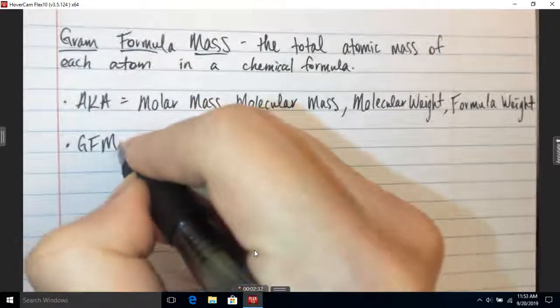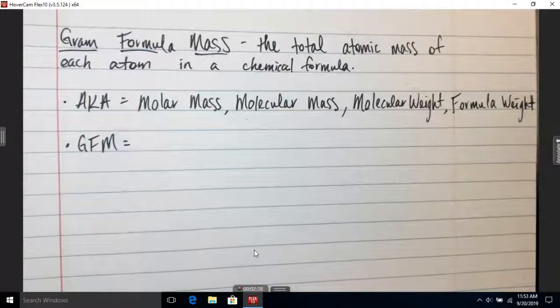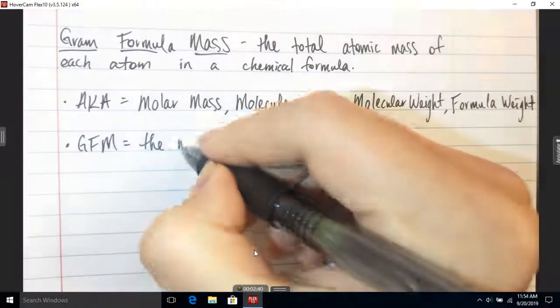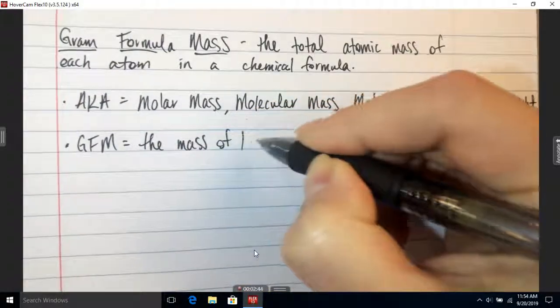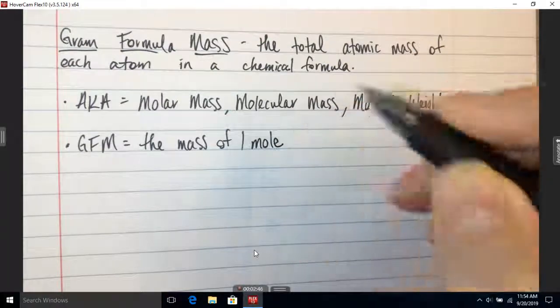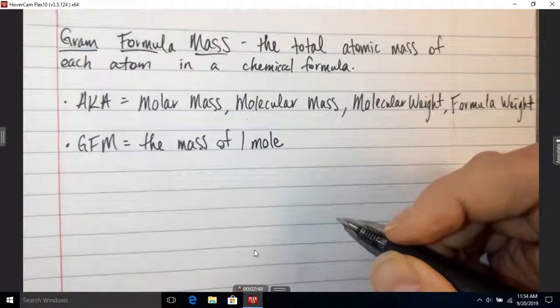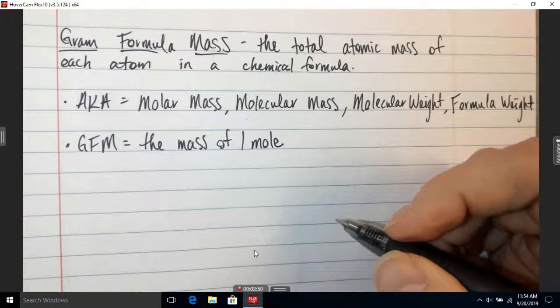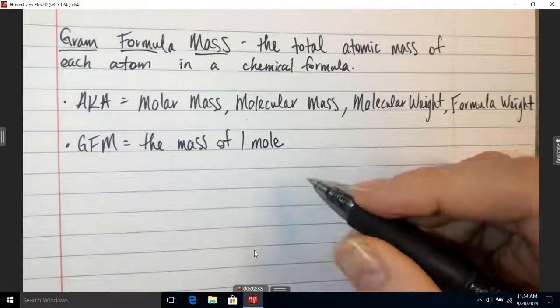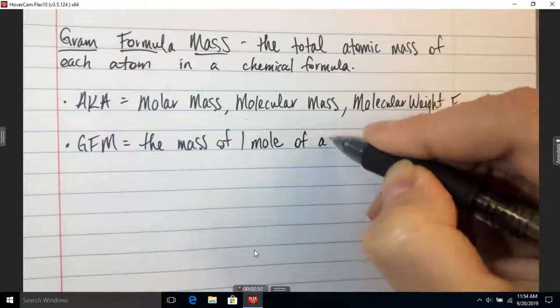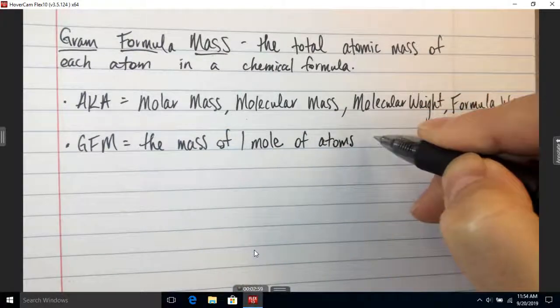Gram formula mass is equal to the mass of 1 mole. That's not an animal. Not the little, the mass of 1 mole of atoms for an element.